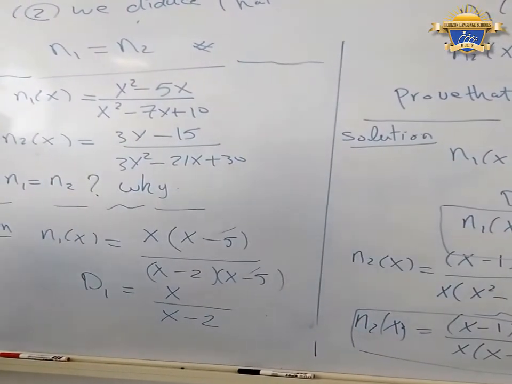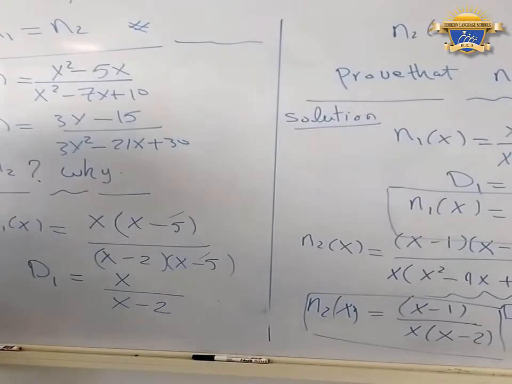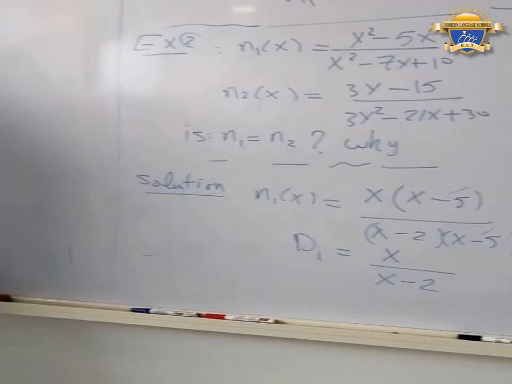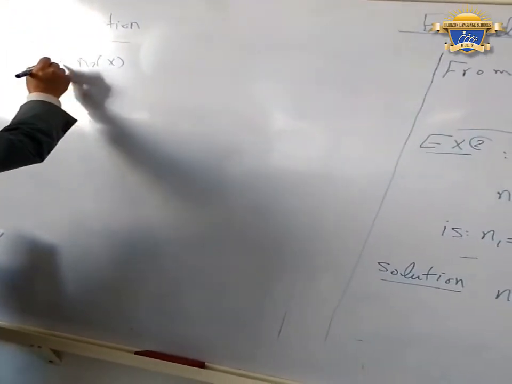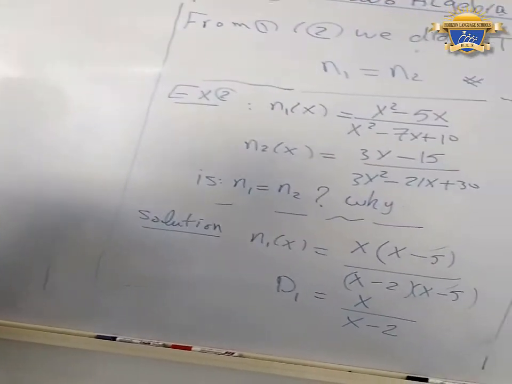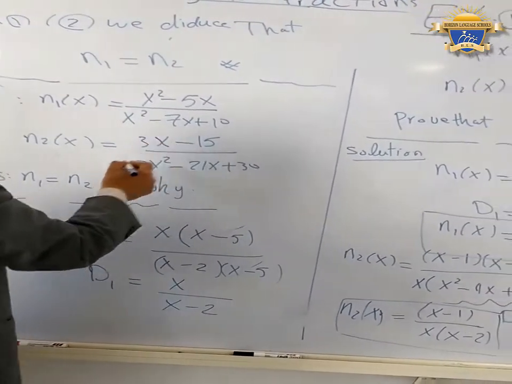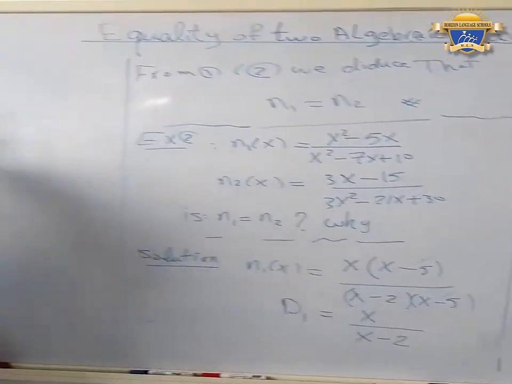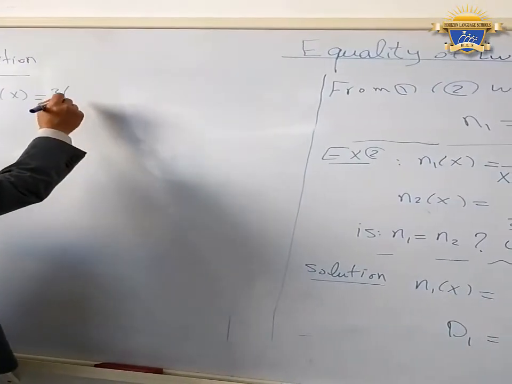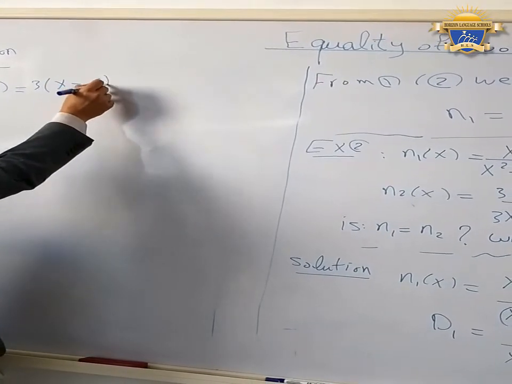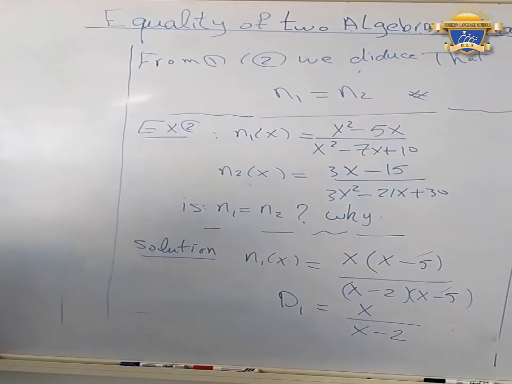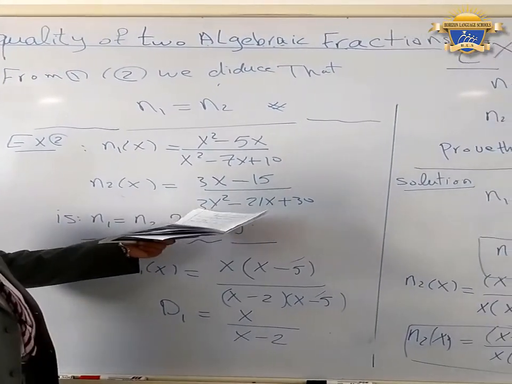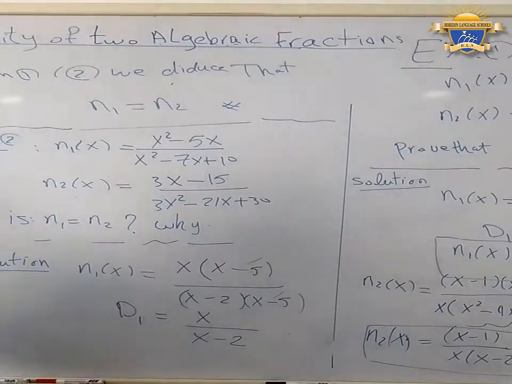That is about N1. We take N2 also. N2 of x equals 3x minus 15. What is the common factor between them? It is 3. So we take 3 as a common factor. The remainder is x minus 5 over, the denominator has common factor which is 3 also.